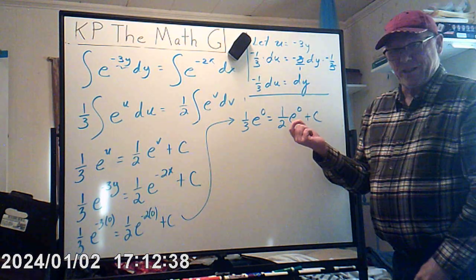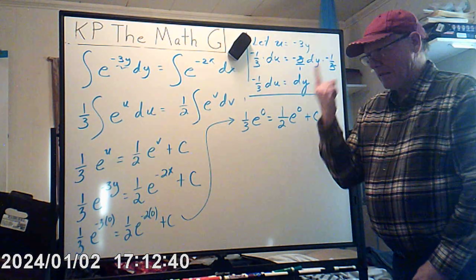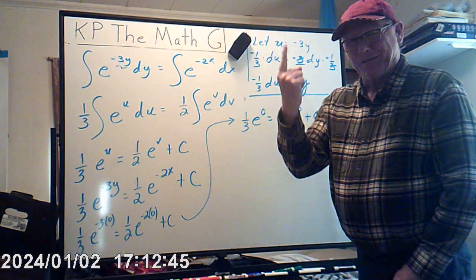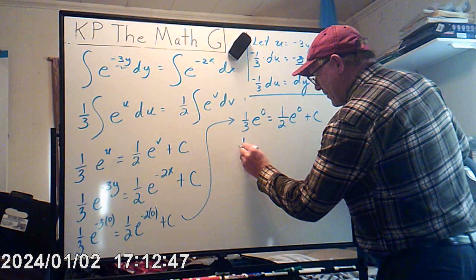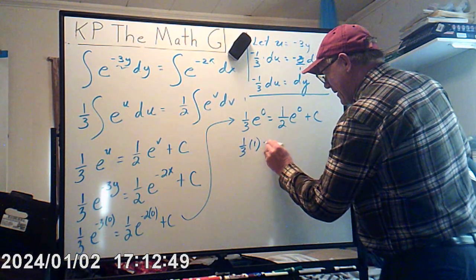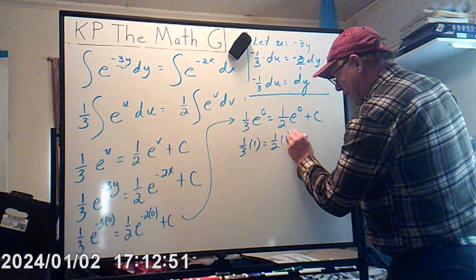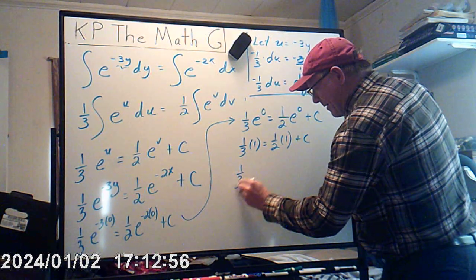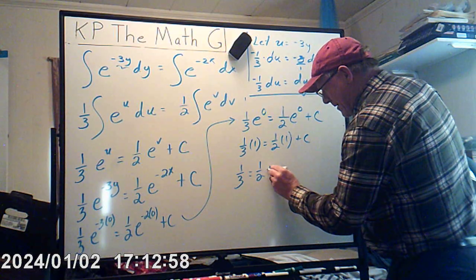Well, e to the 0 is, yeah, that's right, 1. So this is 1/3 times 1, 1/2 times 1. You don't really need that. If you can just write it down, 1/3 equals 1/2 plus c.